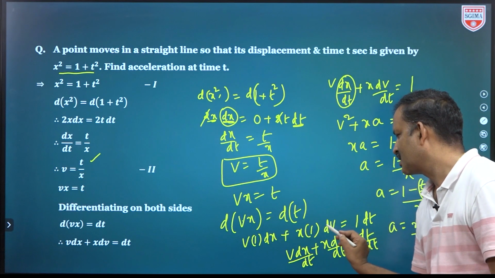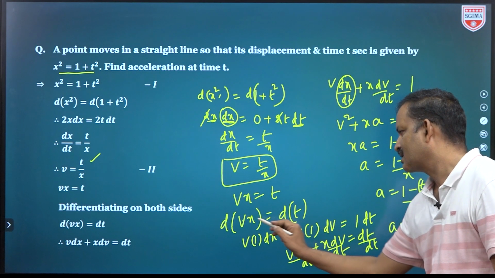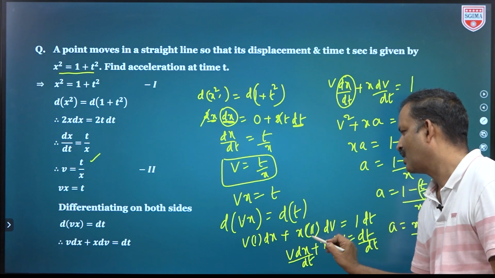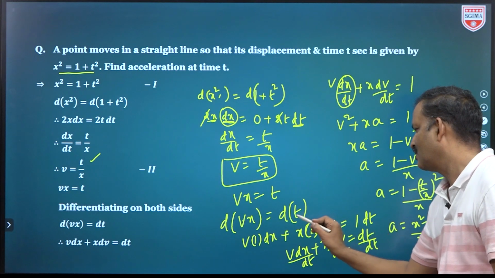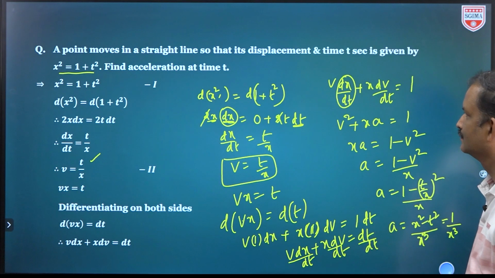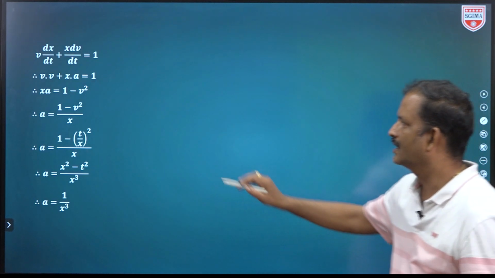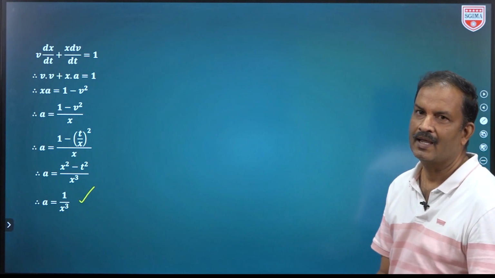Here I am doing differentiation of v, so v differentiation dv, t differentiation 1 into dt. So everything again I calculated and I got that 1 by x cube.